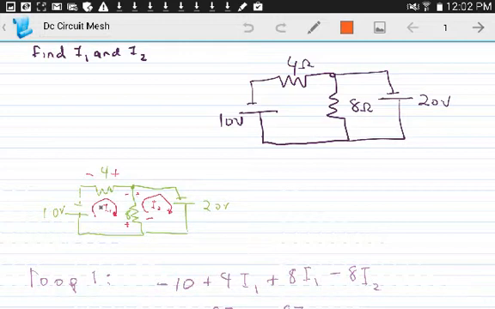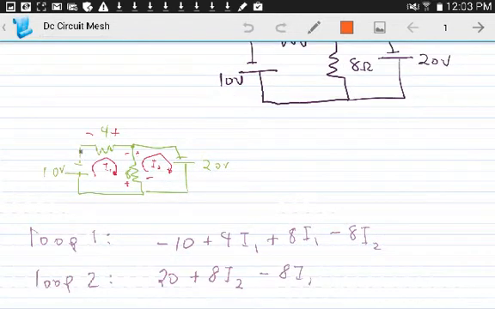So for the first loop, I have current entering negative, leaving positive, and for the second loop, because it's clockwise, it's the exact same polarity. These are the polarities already given for your voltages.